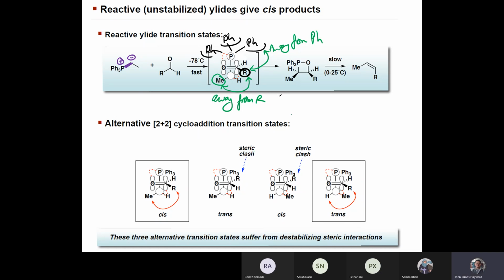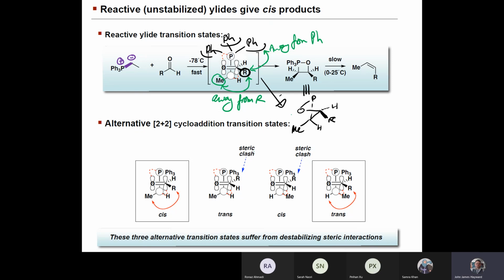What that means is that when you draw your intermediate from that, you get this initially. And when you redraw it, you get this.